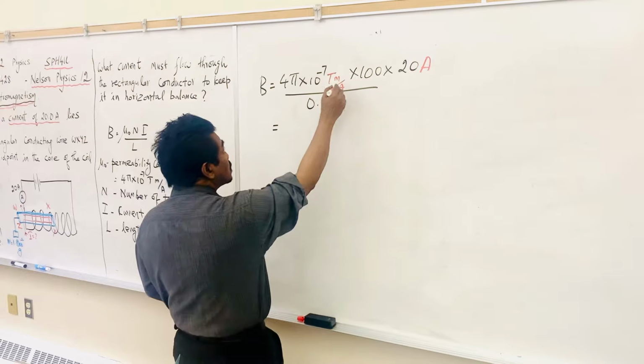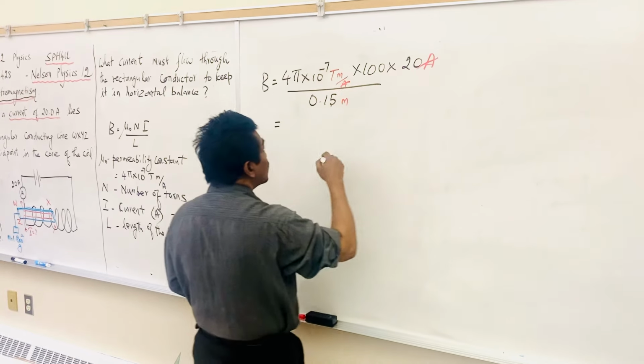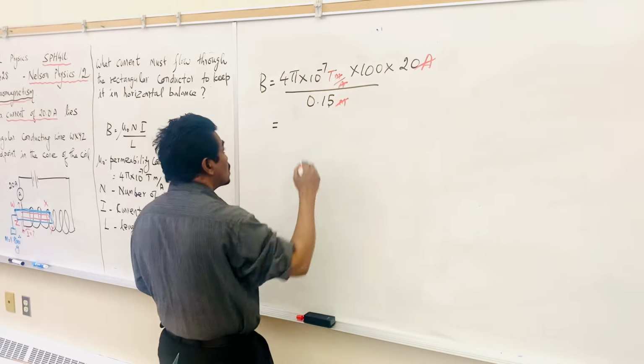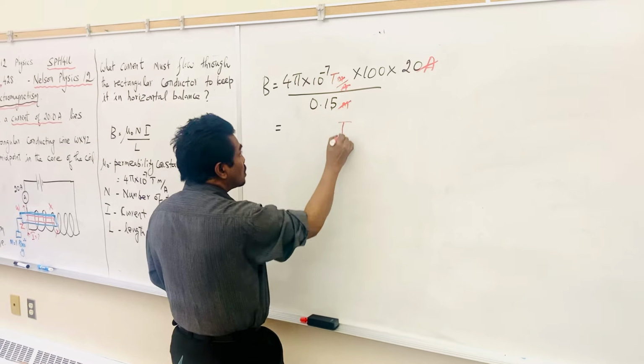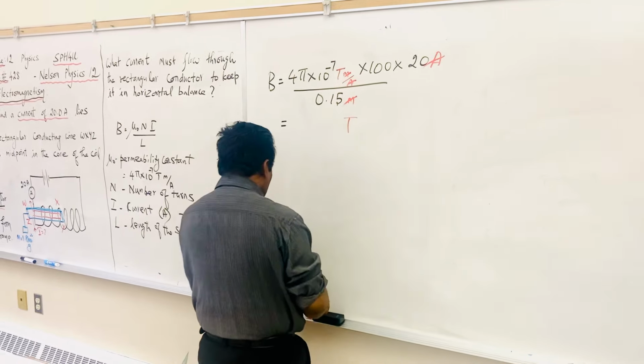So here the ampere gets cancelled, and the unit meter and meter get cancelled. So our answer will be in Tesla, which is a unit for the magnetic field.